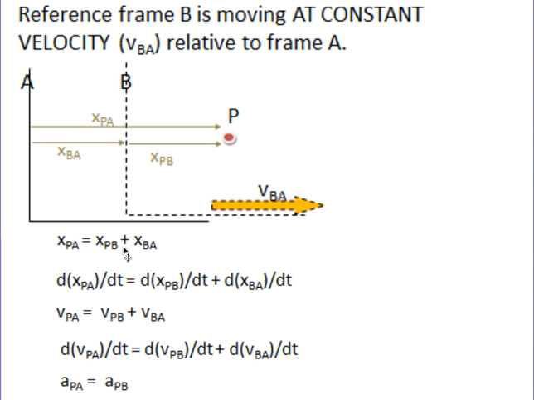And if we then take the derivative of both sides of this with respect to time, then you do get the fact that the velocity of P, its motion relative to reference frame A, is equal to the sum of its motion relative to reference frame B and B's motion relative to A. And the same with acceleration, except note that when I take the derivative of v sub BA with respect to time, it was moving at a constant velocity.